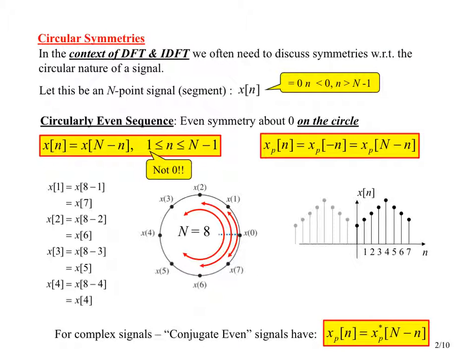Because of the fact that the DFT and the IDFT, as we mentioned last time, in the real setting, it's a finite chunk of data in the time domain. It becomes a finite chunk of data in the frequency domain.